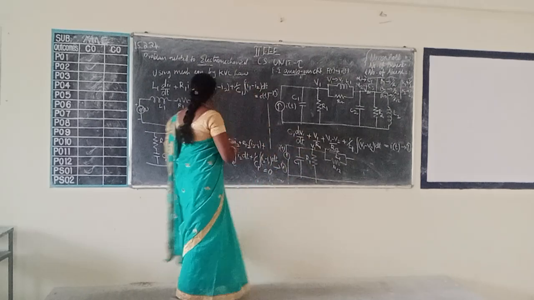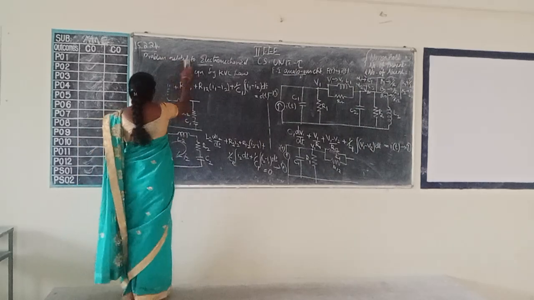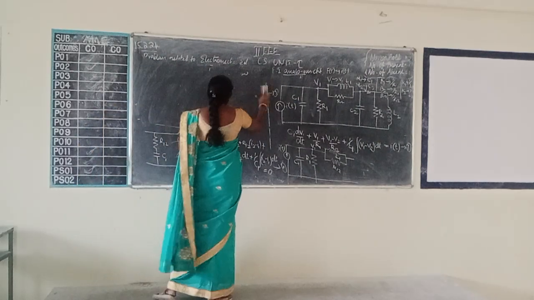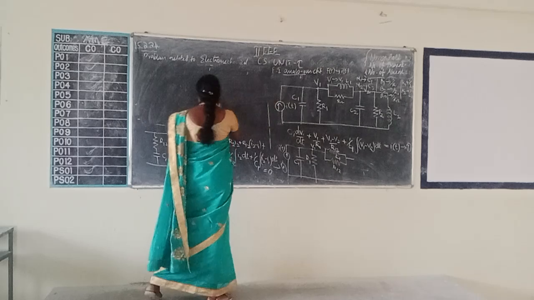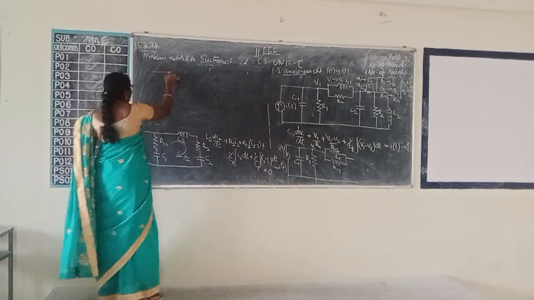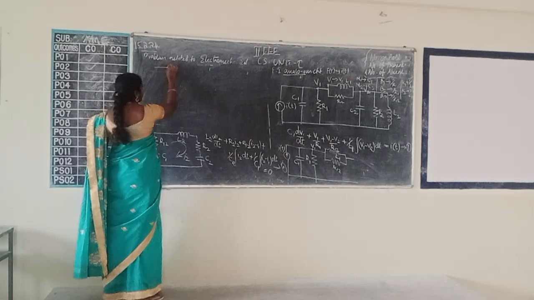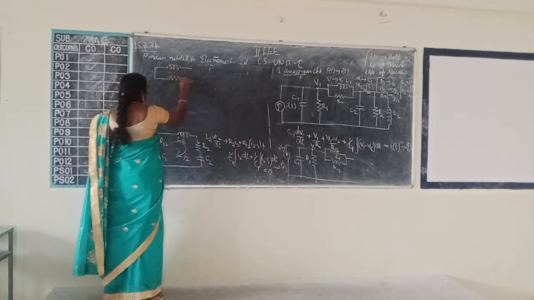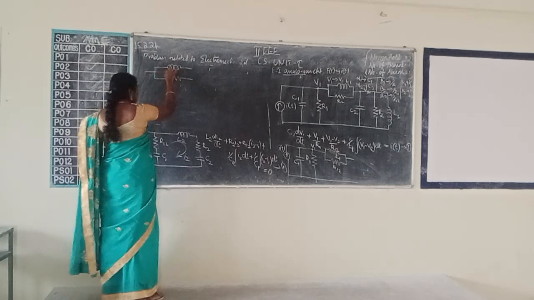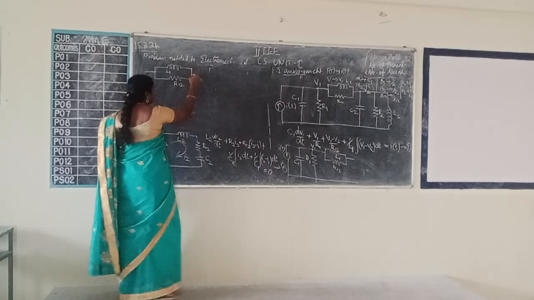In a similar way, we have to write it for the next node, that is C2. Finish the circuit diagram: it will be like the parallel connection of inductance L1 and resistance R12.